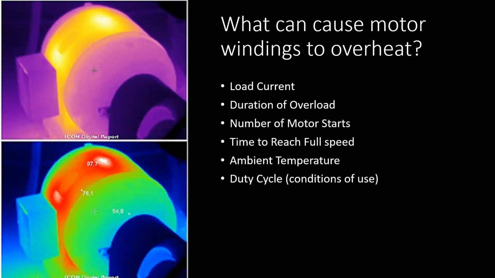That goes right back to first year when we figured out how to size conductors based on ambient temperature and correction factors. And then the duty cycle. Conditions of use: how long is it on, how long is it off, the frequency of use, etc. Those are a bunch of things that can cause your windings to overheat.